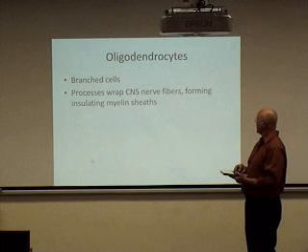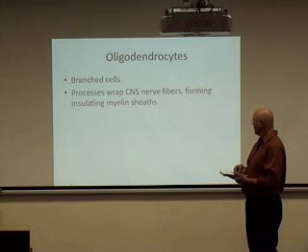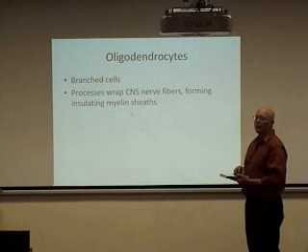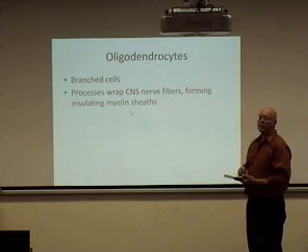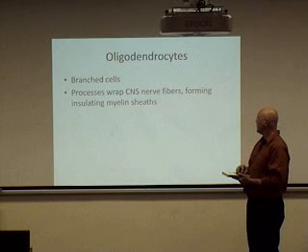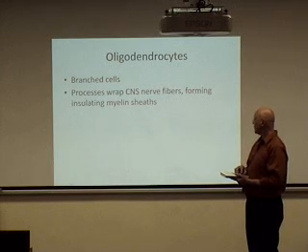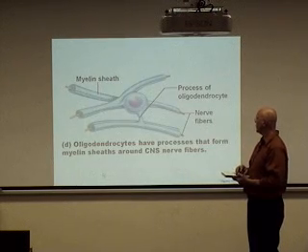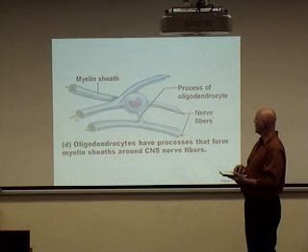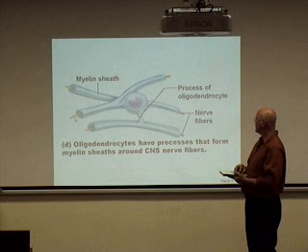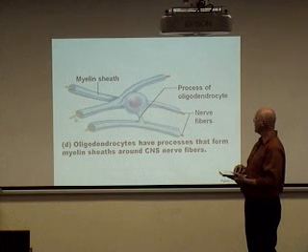The next type of cell we have are the oligodendrocytes. The oligodendrocytes will form something called myelin sheaths. Myelin sheaths act as insulation that surrounds the neurons, and that helps in the transmission of electrical impulses and information processing. So here is the neuron right here. This yellow structure right here is the axon of a neuron.